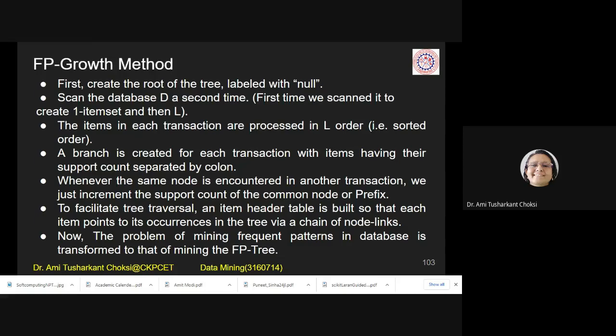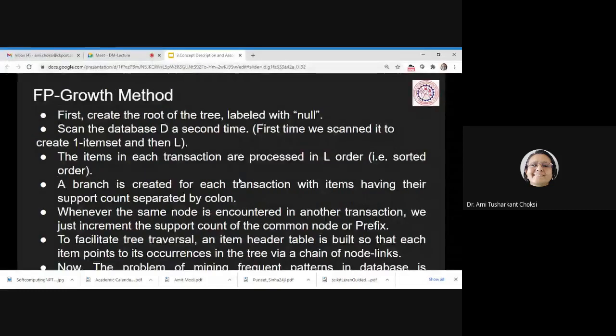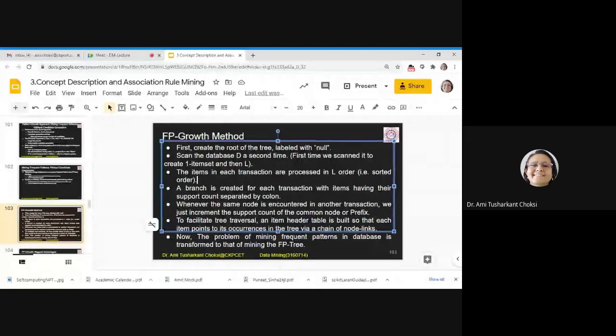Now a branch is created for each transaction with items having their support count separated by a colon. That means we write it as item I colon its count, suppose 2, right?